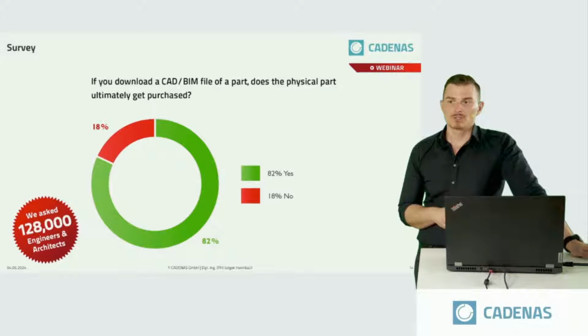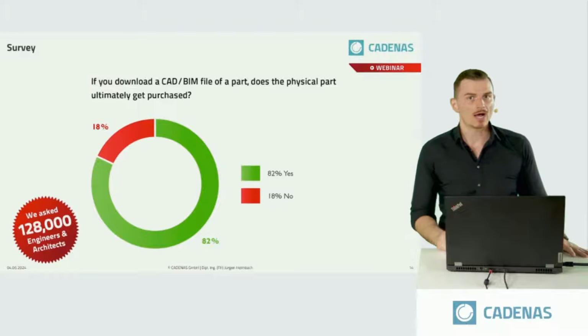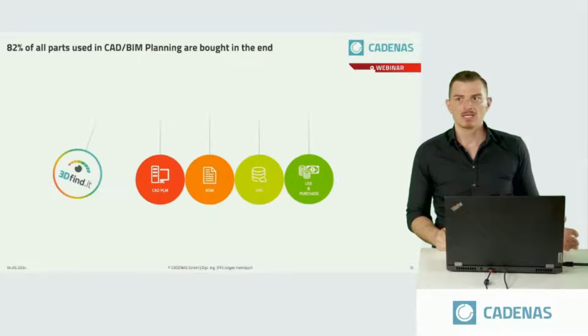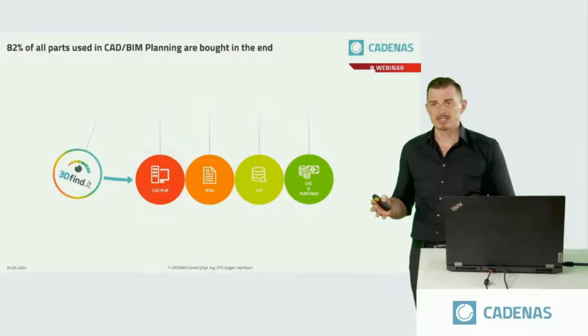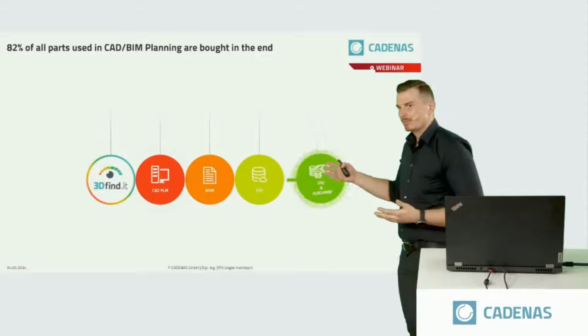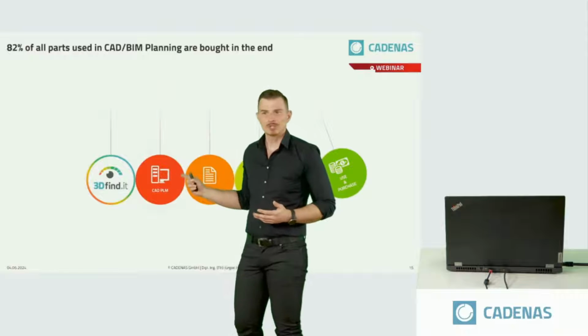So the 82%, maybe you ask yourself, wow, that's a high number, but where does this come from? And here we developed a very interesting graphic that is, in the end, a pendulum that shows the origin of the planning will be the CAD.